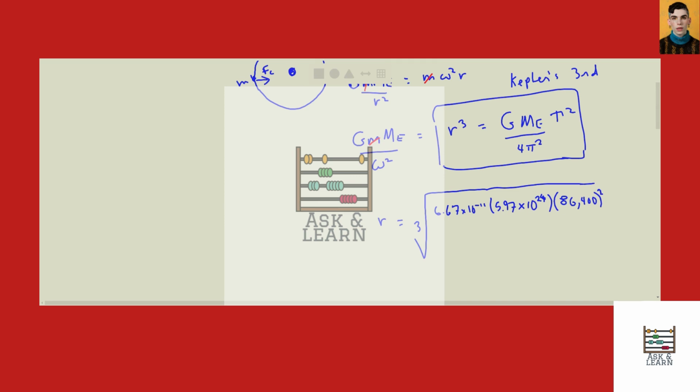And why we have to put the period in seconds is I have big G, the constant big G, in terms of SI units. And of course, 4 pi squared is just 4 pi squared. And this winds up to give about 4.22 times 10 to the 7th meters.